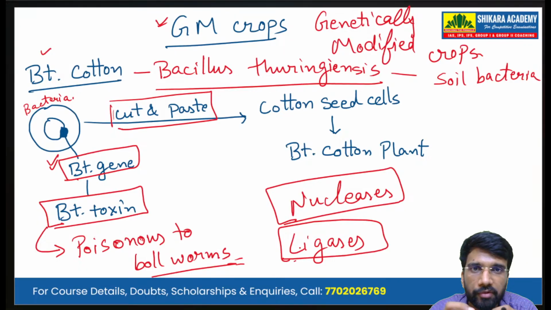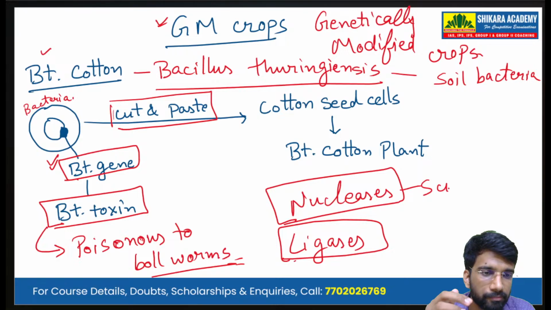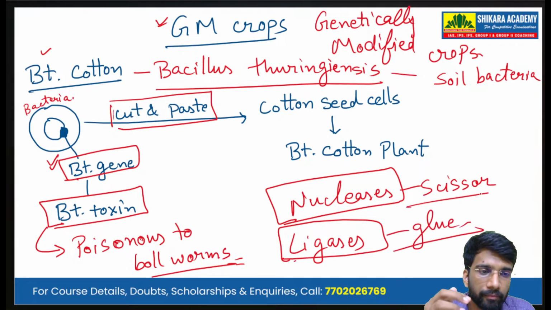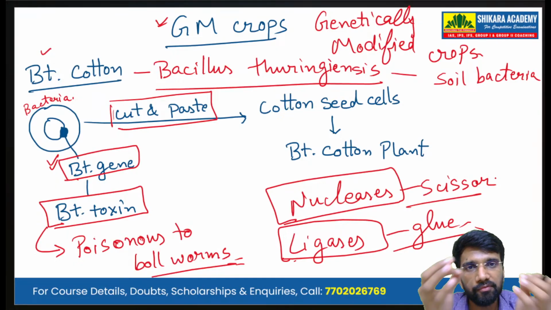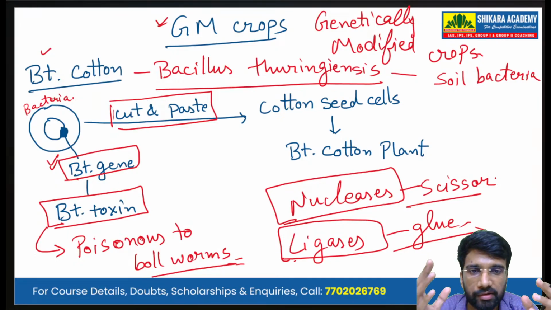So two pieces of DNA are joined together by the ligases, and a piece of DNA is cut through by the nucleases. So they act as the scissor and glue in gene editing. So scissor is the nuclease and glue is the ligase. With nuclease, we cut the DNA. With ligase, we bind or join the two DNA strands.